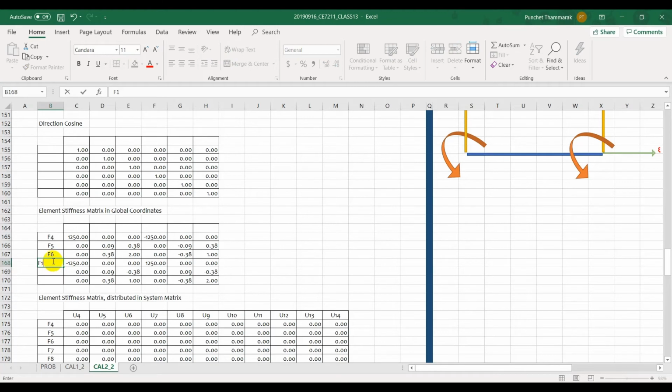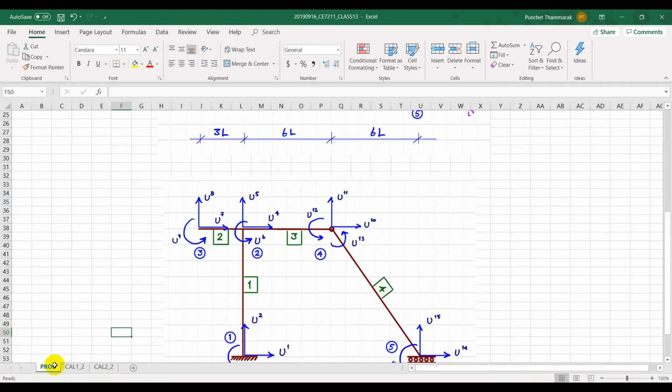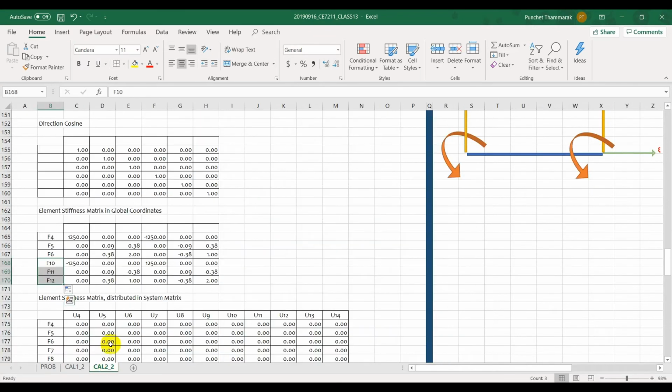F4, F5, F6, F10, 11, 12, right? Okay, so U4, U5, U6, and then U10, U11, U12.